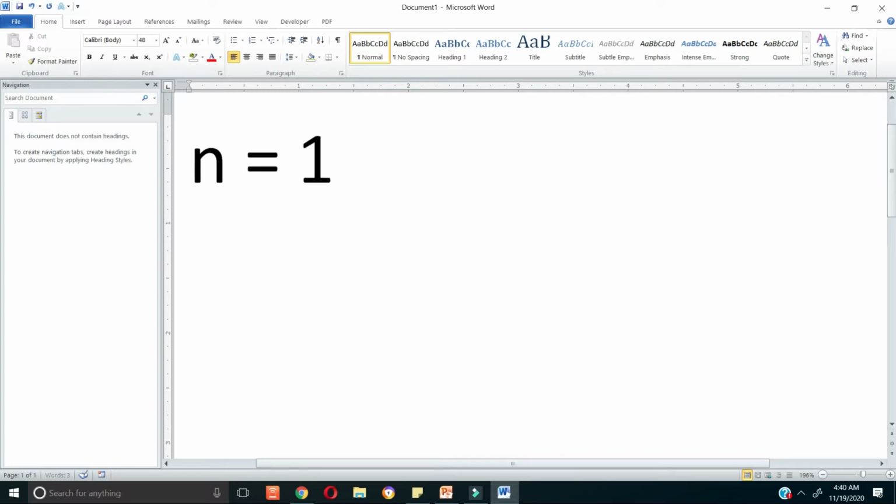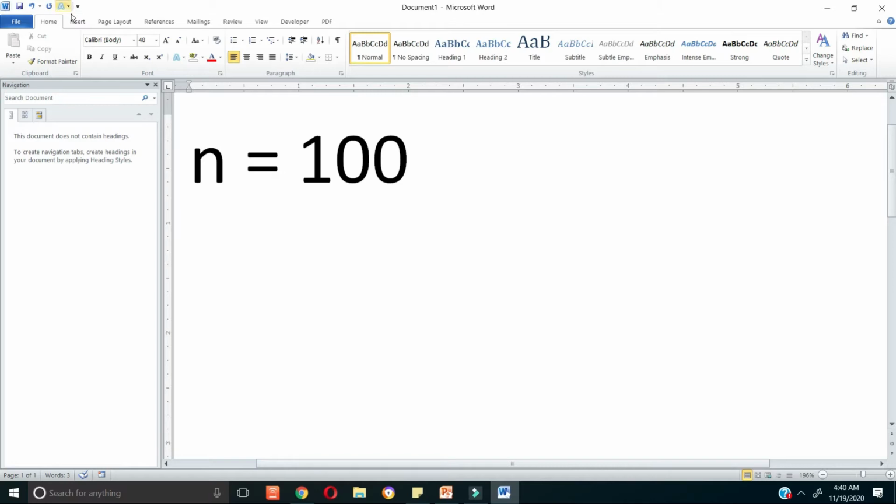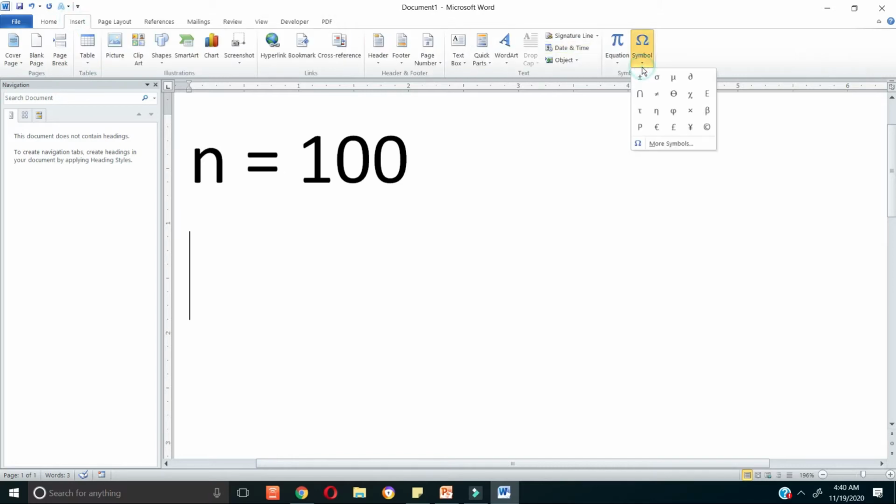This is the sample size. According to this information, we have a known population sigma. Sigma is equal to 20.